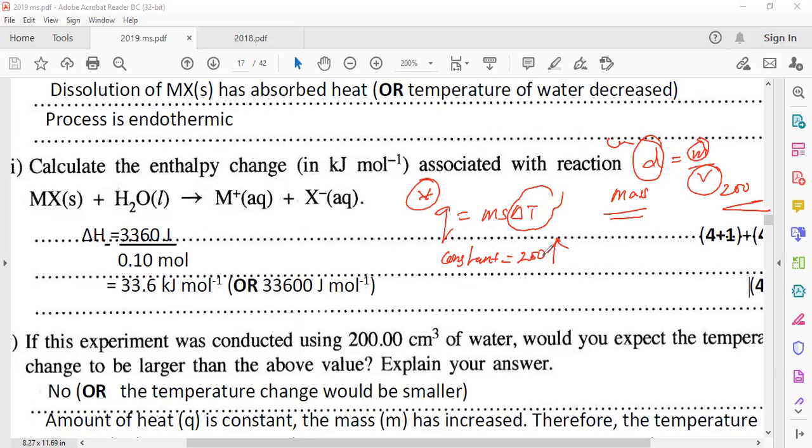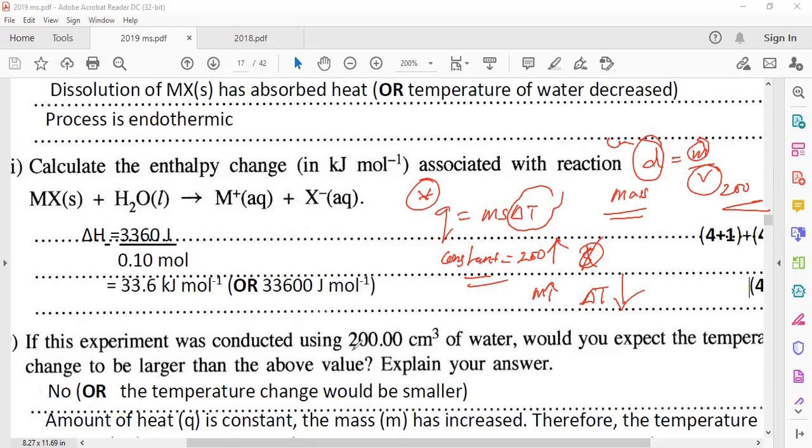Earlier it was 100, now 200. Your heat capacity is also constant, and we are not speaking about that. So to maintain this constant, as your mass increases, your difference of temperature should decrease. That means it should become small, right?